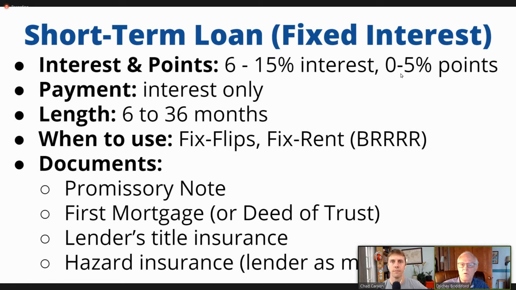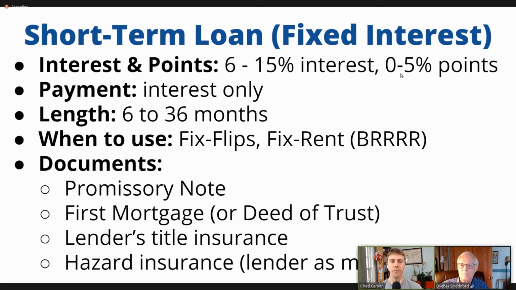So when the loan is made, if it's 3 points, 3% of the loan is points and is paid to the lender at the time of the closing. And later on, we'll talk about financing points into the deal. But typically, all banks take points up front at the closing. And 1 point is equal to 1% of the loan.